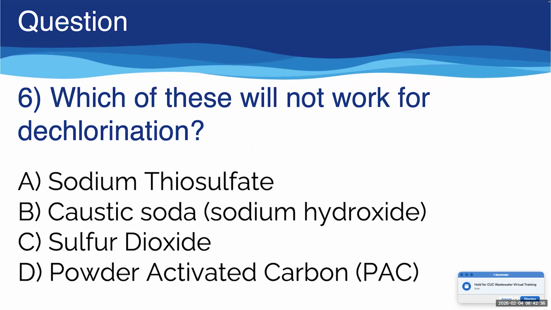So we've got sodium thiosulfate, we've got PAC, powdered activated carbon, we've got sulfur dioxide, and we have caustic soda. And this again is one of those things where you might have to memorize it, but if you've got a good understanding of the processes that are used in wastewater treatment in different stages, you should be able to sort of logic your way through here.